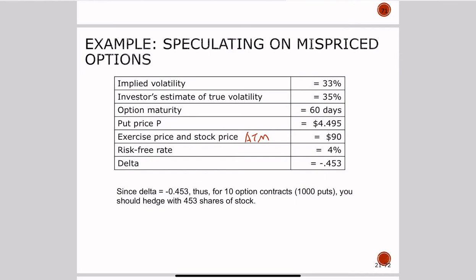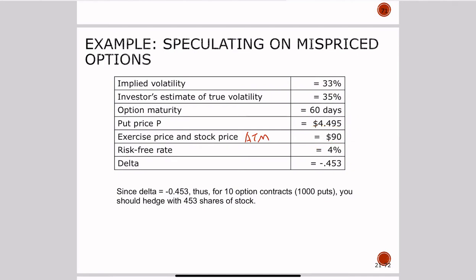So you can see that by Black-Scholes formula, using this number, risk-free rate and exercise at stock price, you will be able to find out the options price, that is 4.495. Oh, I think I forgot to mention, to use Black-Scholes to solve or to find out option price, you need 5 inputs. Right? So let me repeat this.